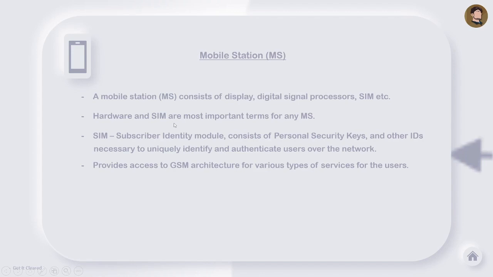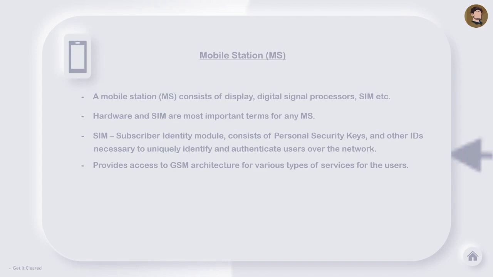Hardware and SIM are the most important parts of any mobile station. Why is hardware important? 5G is trending at the time of me making this video. Various companies like Samsung, Asus and Nokia are making new phone models with 5G support, which says that the hardware of that model is suitable for 5G architecture and 5G applications.